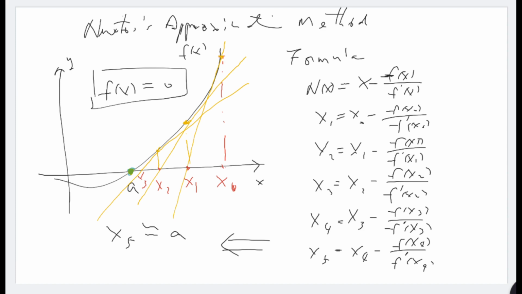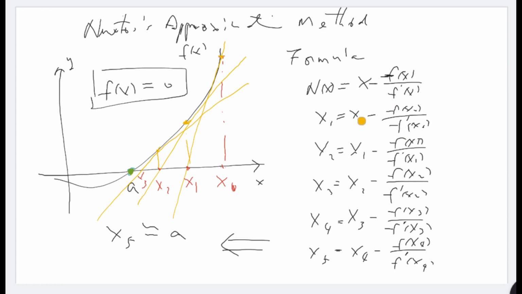All right. So mathematically, how do we achieve that? Well, remember the first tangent line we obtained at x0. Like I said, you write down the equation of the tangent line and set y equal to 0 to find x1, and it turns out you would find this.